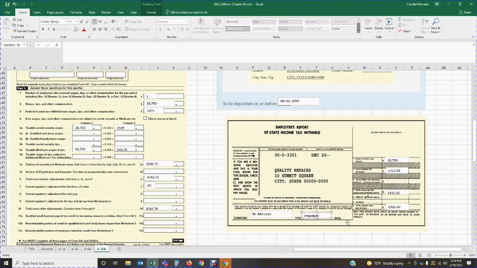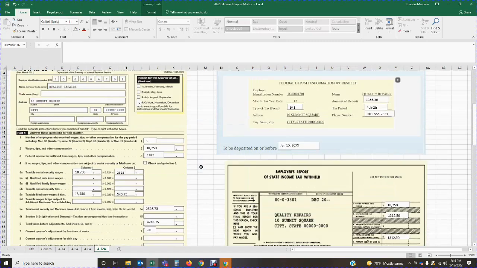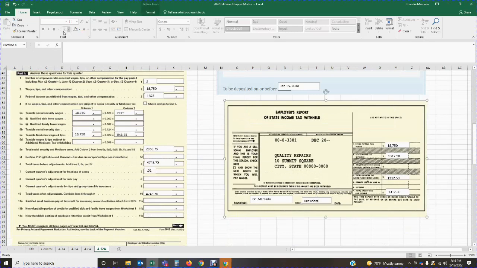The problem said that we are completing the employer's report of state income tax for the quarter due on or before January the 31st. So we're going to date that January the 31st.